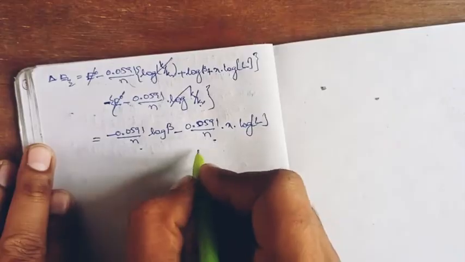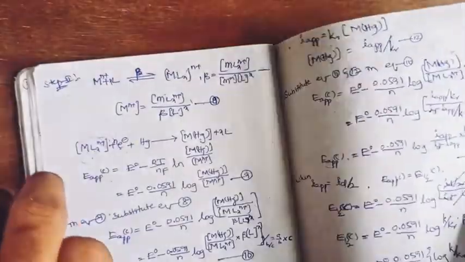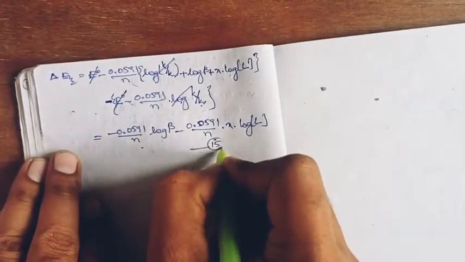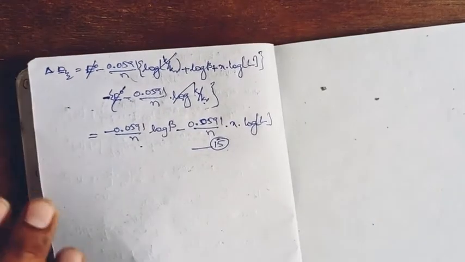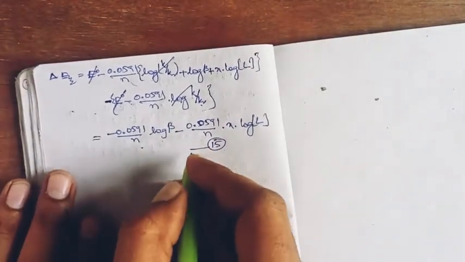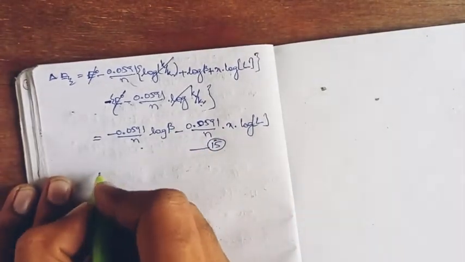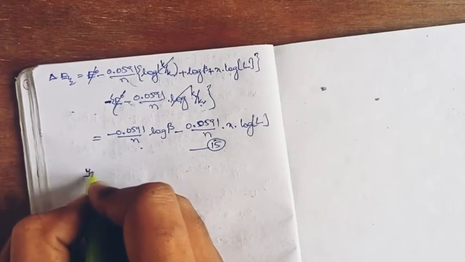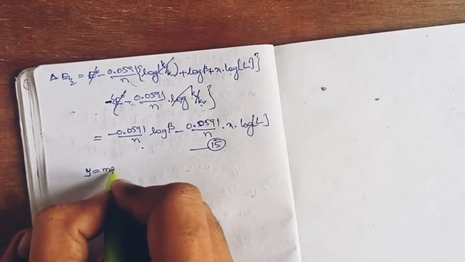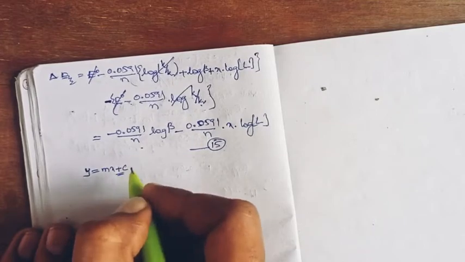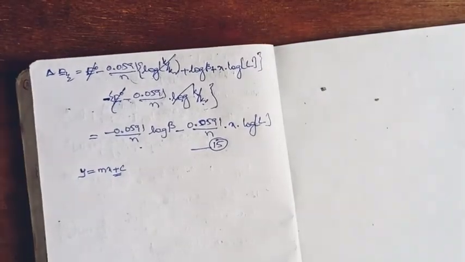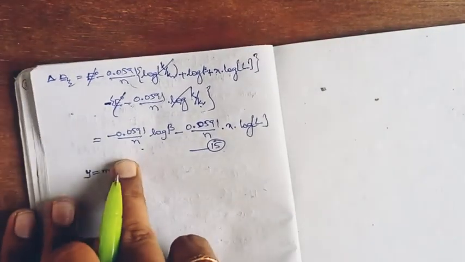So this is equation number 15. This equation number 15 can be compared with y equals mx plus c. It is a linear equation.